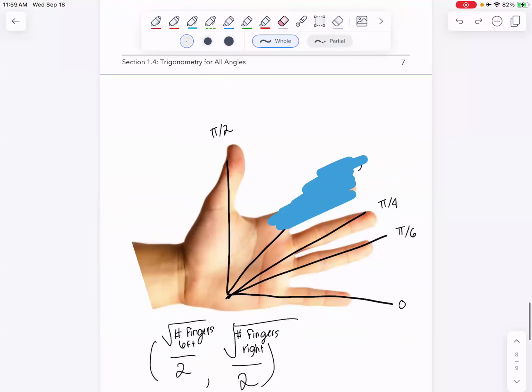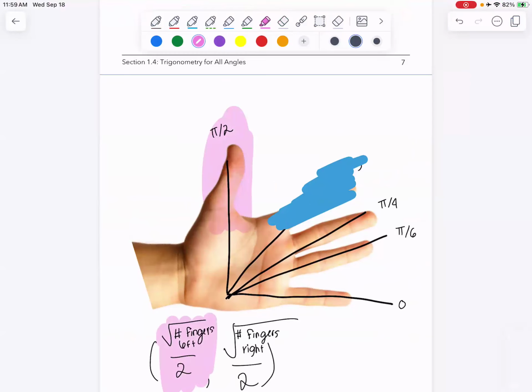All right. So if I put down that pi over 3, I would have 1 thumb left on my left side. So it's square root of 1, and then everything is divided by 2.